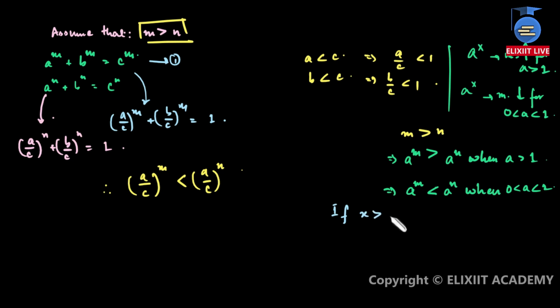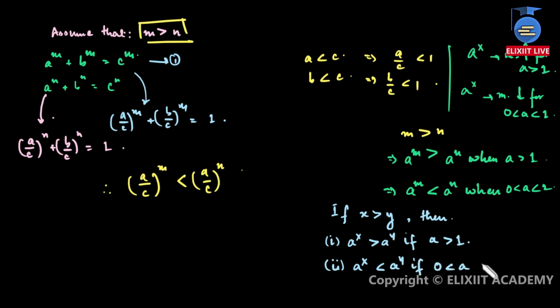If x is greater than y, then a to the power x is greater than a to the power y if a is more than 1, and a to the power x is less than a to the power y if a lies between 0 and 1. Clear?